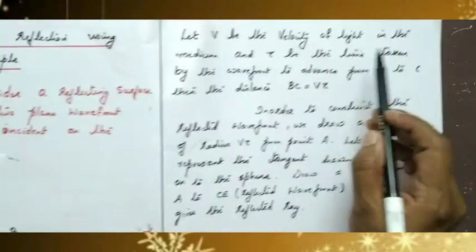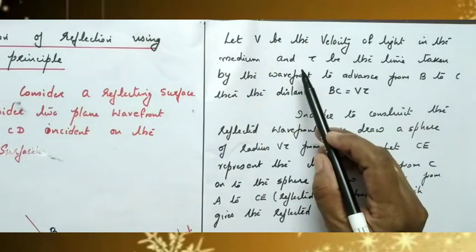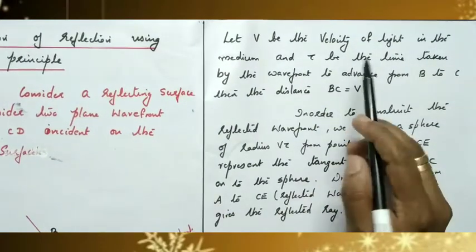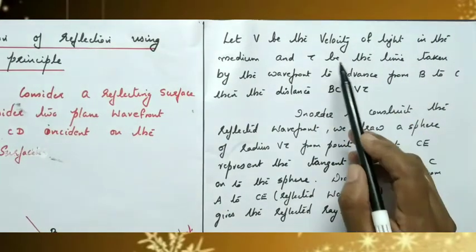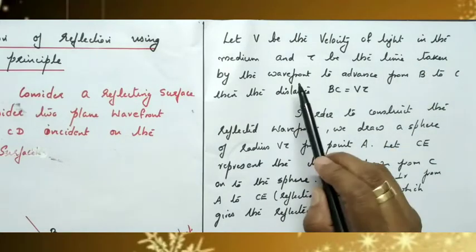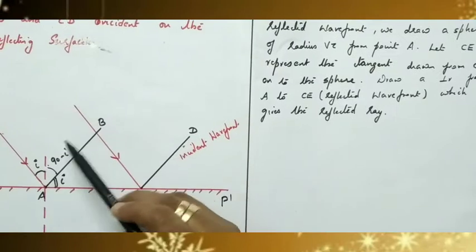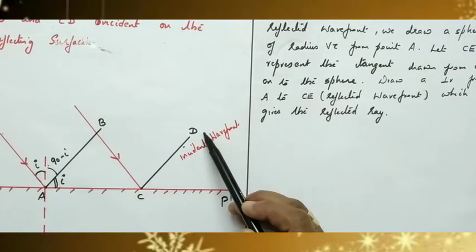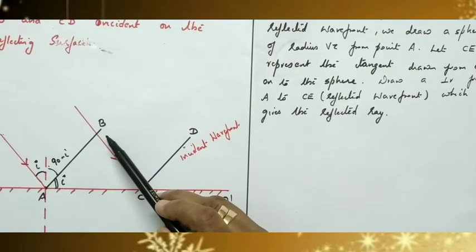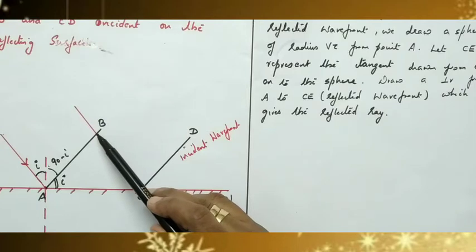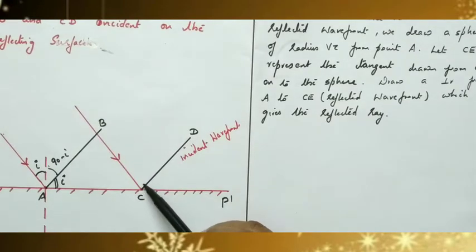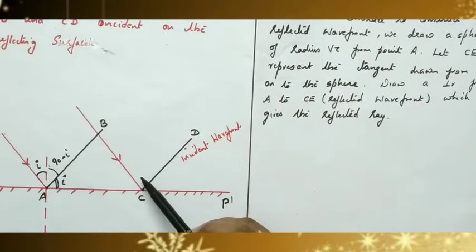Let V be the velocity of light in the given medium. Let tau be the time taken by the wavefront to advance from B to C, that is, from one wavefront to another.